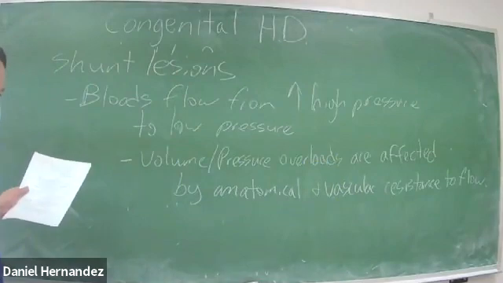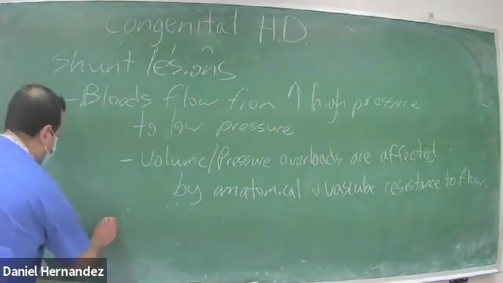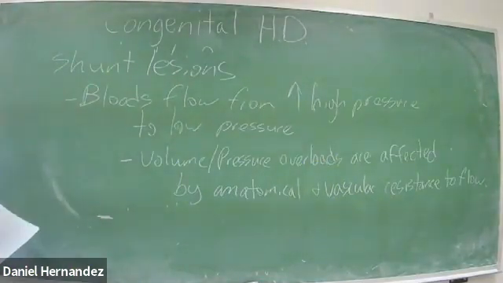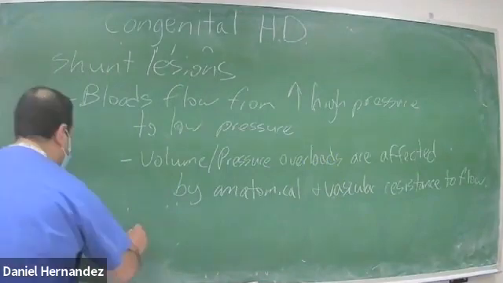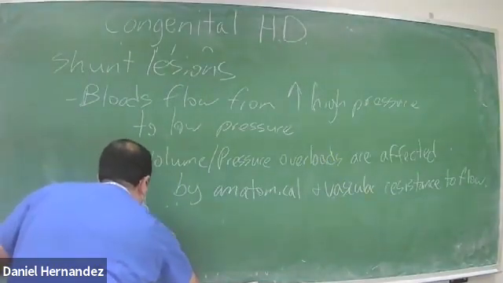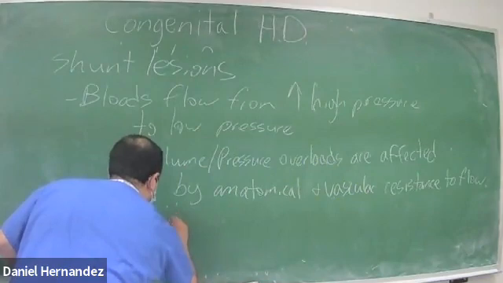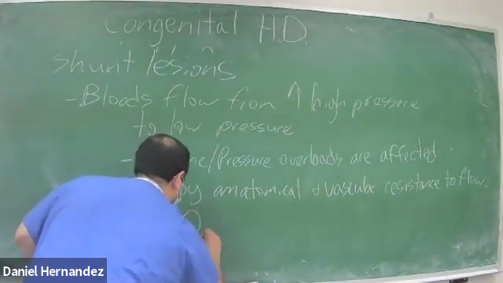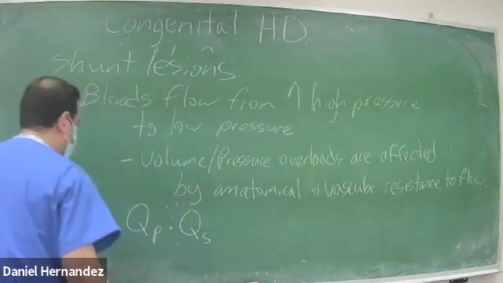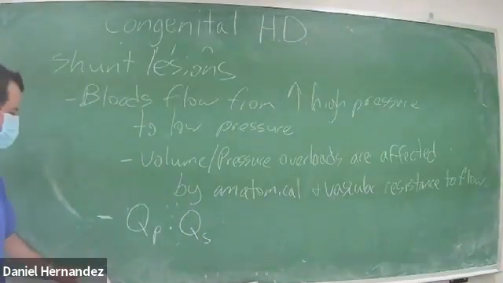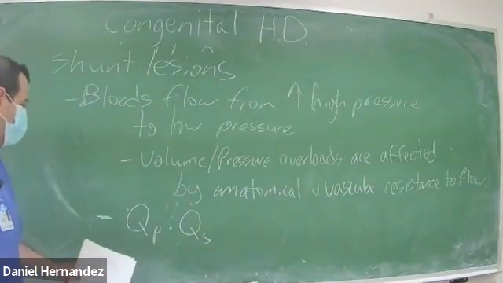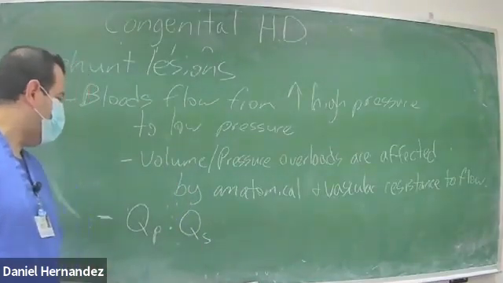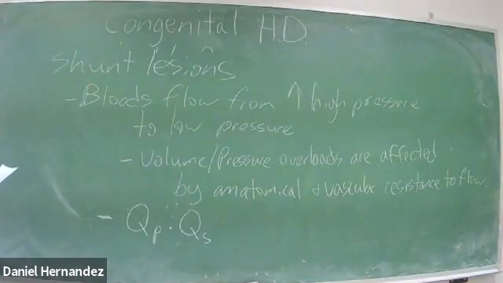And with shunt lesions, there's an equation that we use to determine the severity of the lesions, and that is our QP to QS ratio. Q is the volume of blood flow. P stands for pulmonic, so the pulmonic volume to the systemic volume.